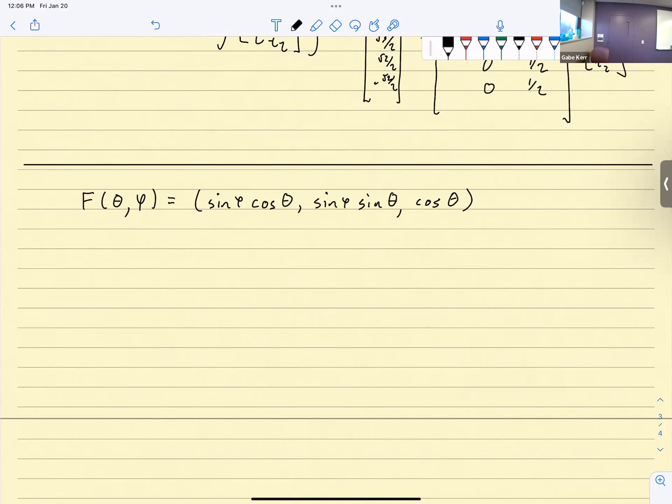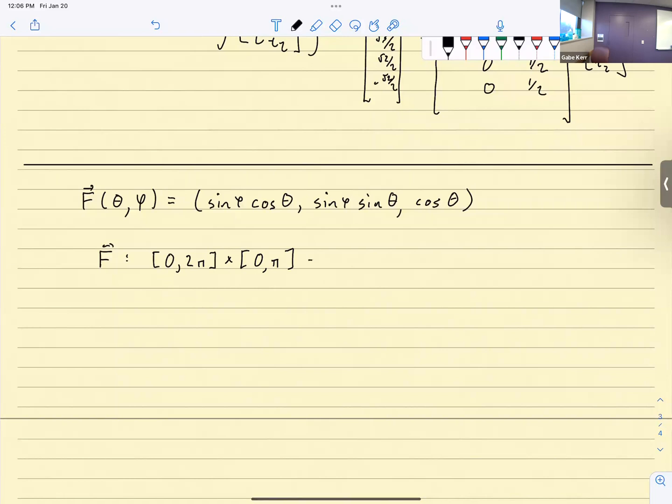Let me give you clearly the domain here. This is mapping the domain, which I'll write this way, 0 to 2 pi times 0 to pi. In other words, the theta value is allowed to be between 0 and 2 pi.